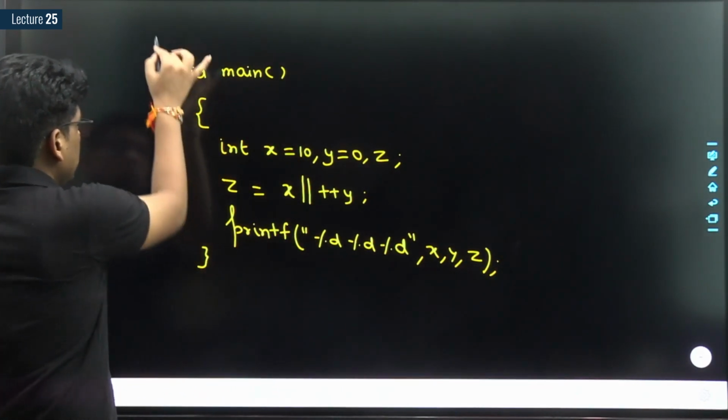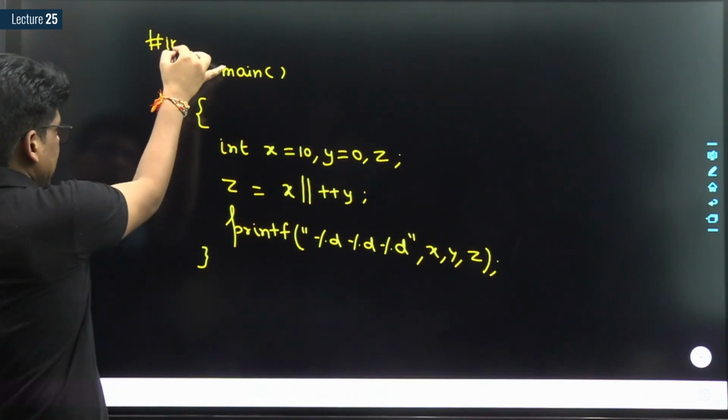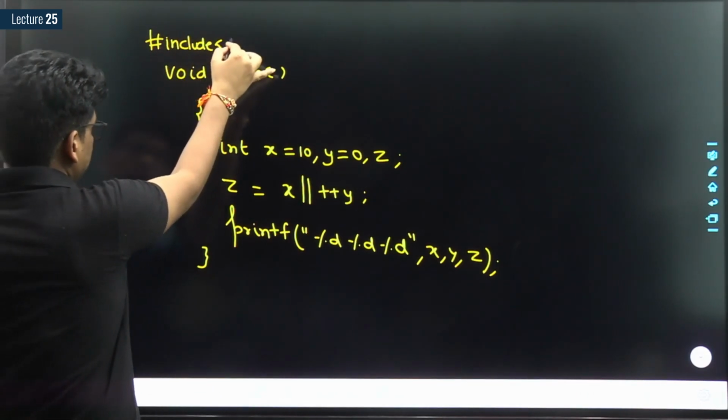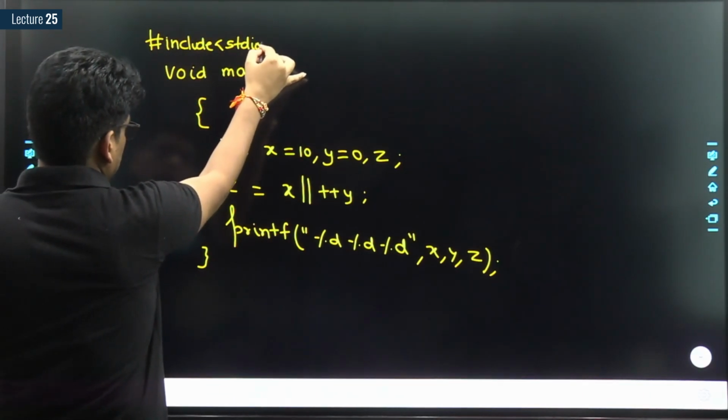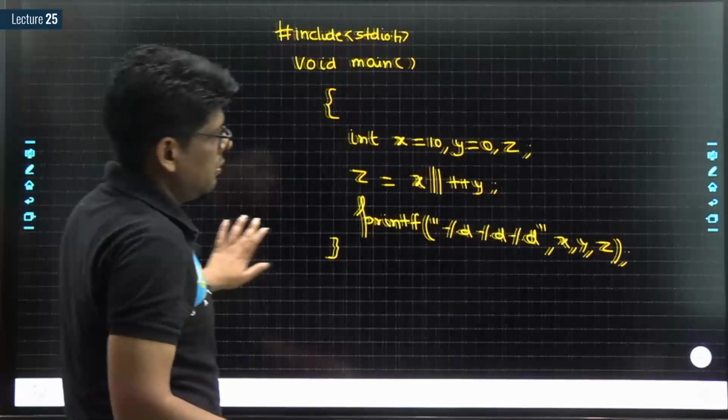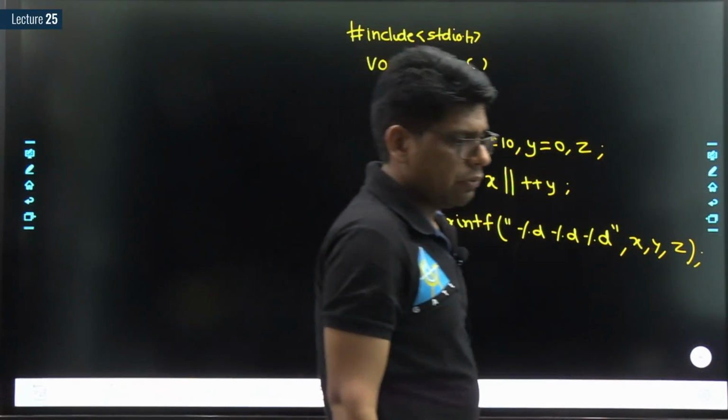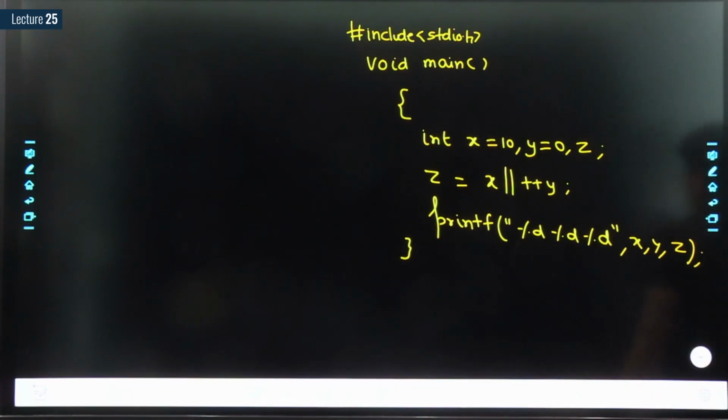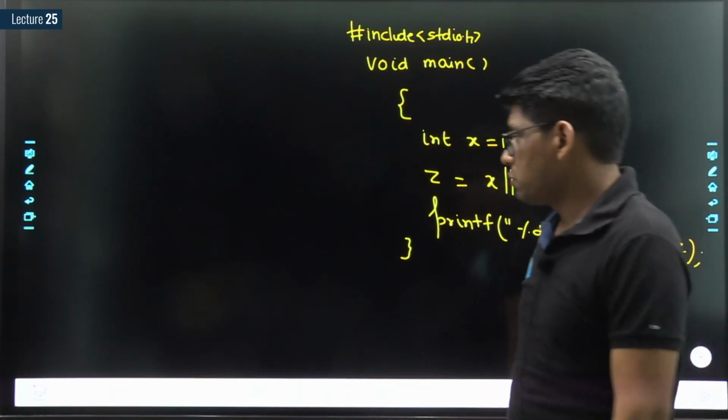Just pause the video, think for a few seconds, and please try to find out the answer of this question. Just pause the video for 5 to 10 seconds and try to find out the answer.